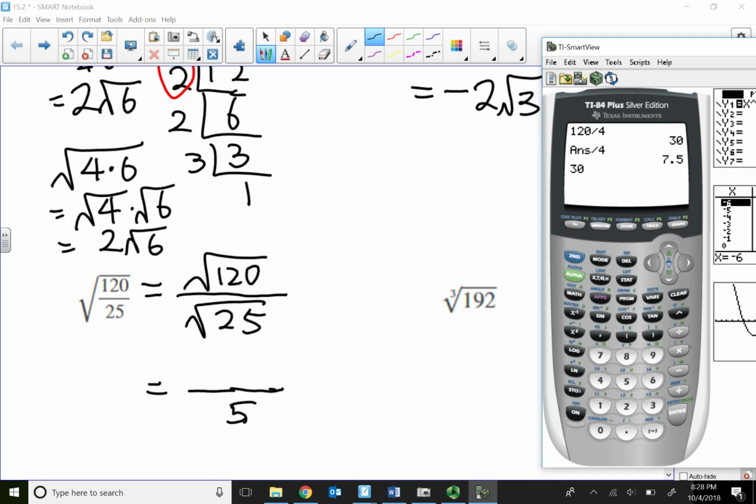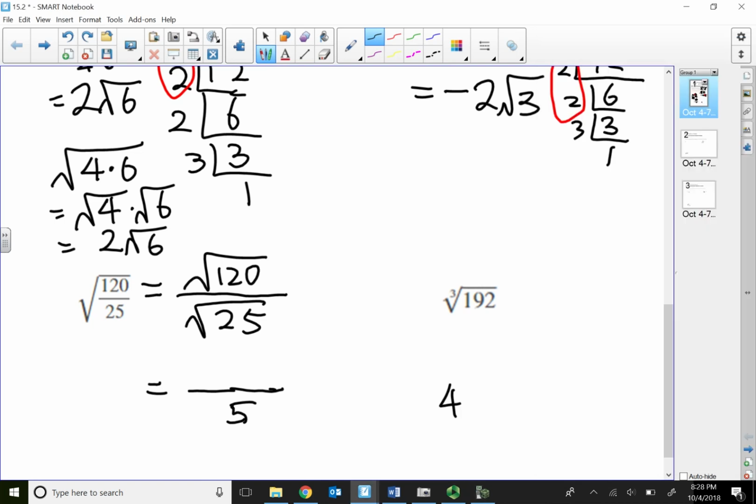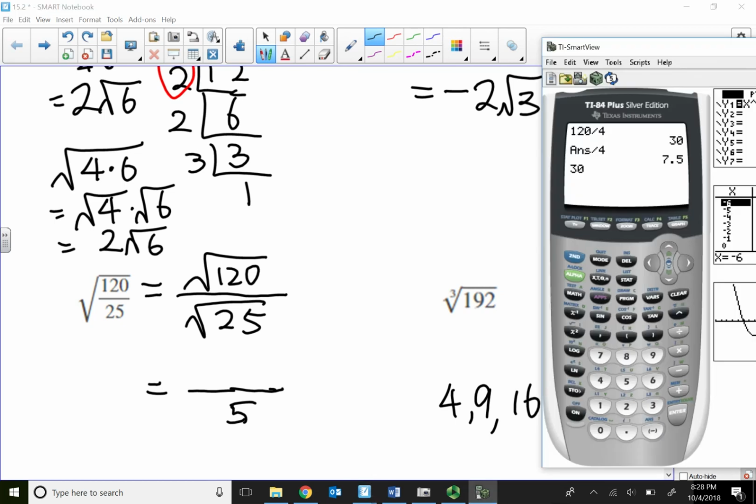Perfect square numbers: 4, no. You can see I'm not good at this because I normally don't use this technique. After 4 is 9. 9 cannot go into 30. Then after 9 is 4 squared, 16, and so on and so forth. I don't think any of the perfect square numbers can go into 30. So the answer is probably going to be 2 times square root of 30. I don't know.